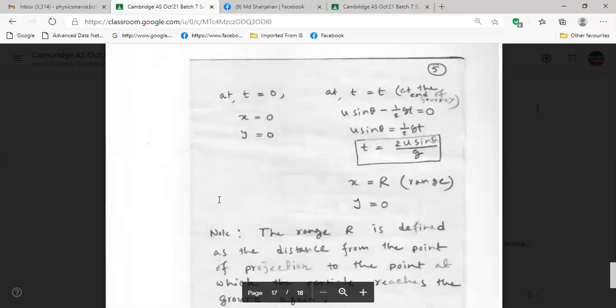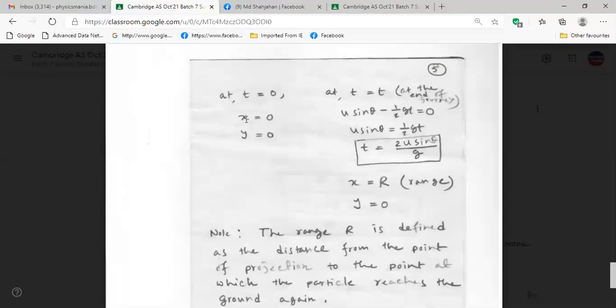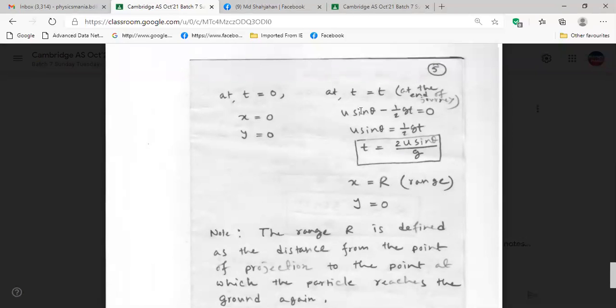So at that time the horizontal component is 0 and the vertical component is 0. Now after some time, like 5 seconds or 6 seconds or 10 seconds, we call that time t, and at the end of the journey we have u sin theta minus half gt equals 0.